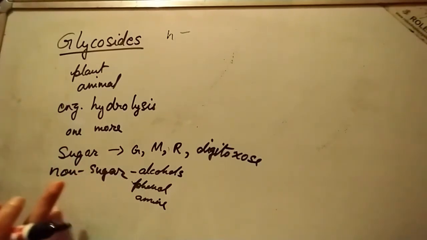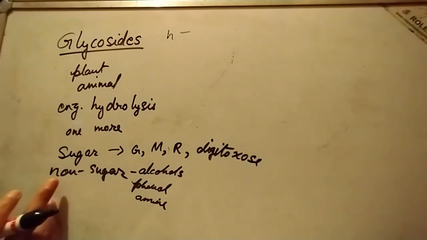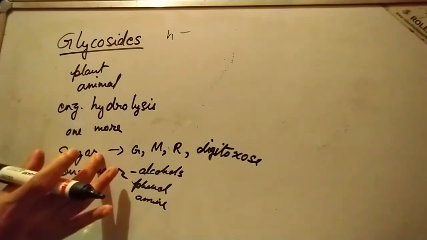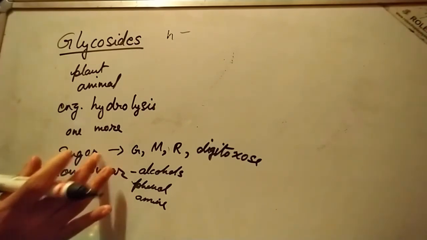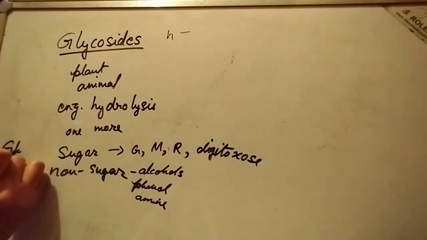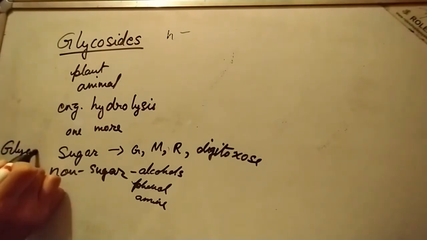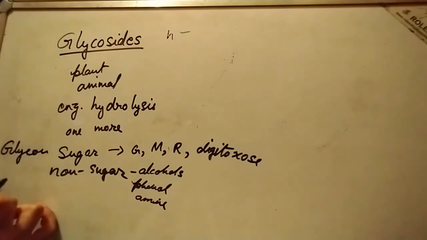The carbohydrate or sugar part is referred to as glycon, whereas the non-sugar part is referred to as aglycon.